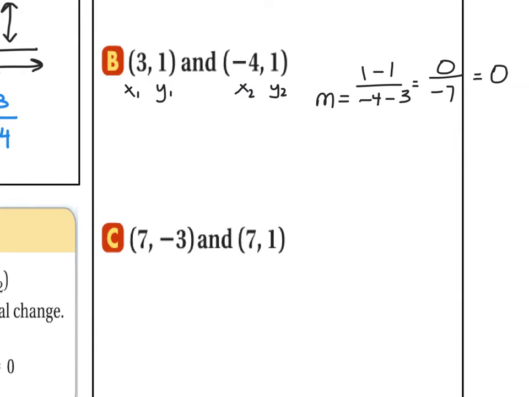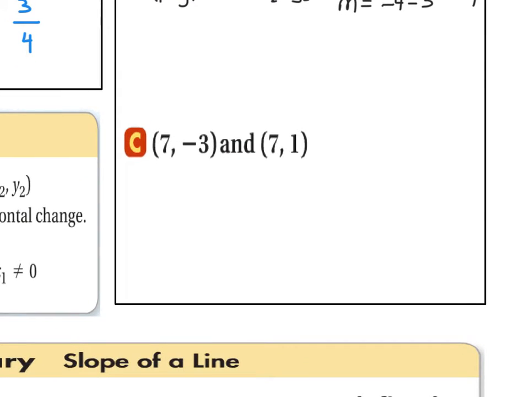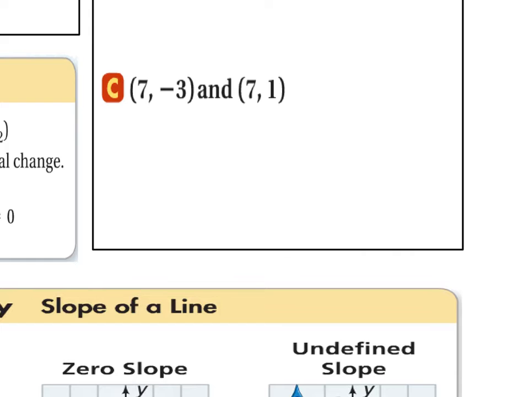Then take a look at the final example. Again, I'm going to label the points: x1, y1, x2 and y2.